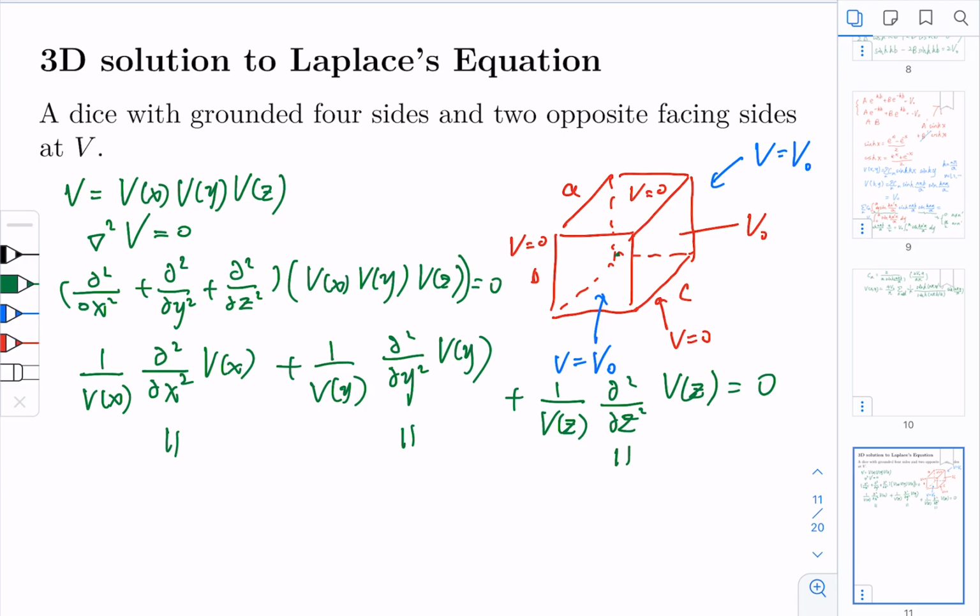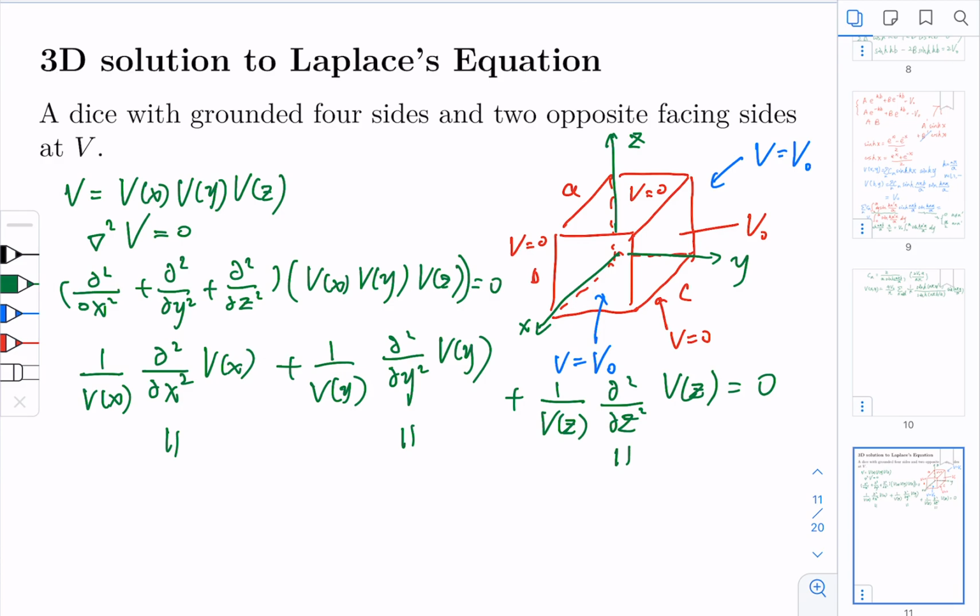Say that this is the x direction, and this is y, z. So along the y direction and along the z direction, the V boundary condition should always be 0.